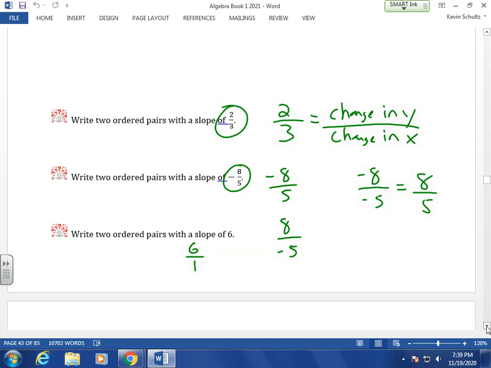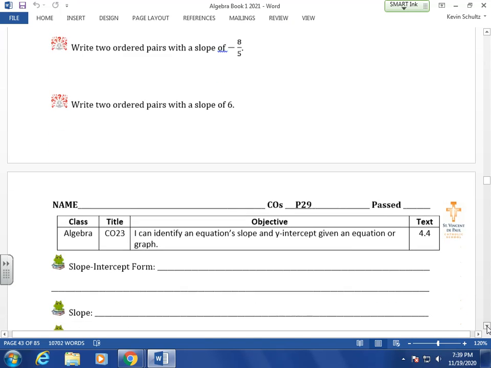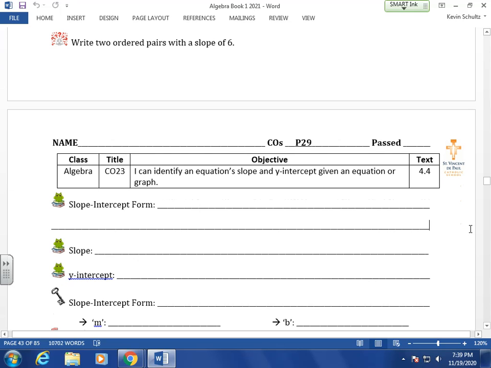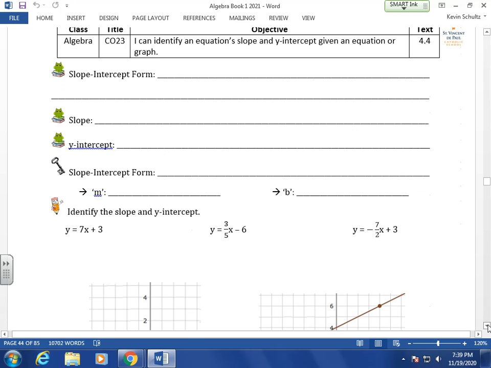Onward and forward to CO23, where we're going to learn today about something called Slope-Intercept Form. I've always told kids that if there are 3 equations, the 3 most important equations that I will teach you, Slope-Intercept Form is going to be one of them. Pythagorean theorem is going to be a second one. And the quadratic formula is going to be the third.